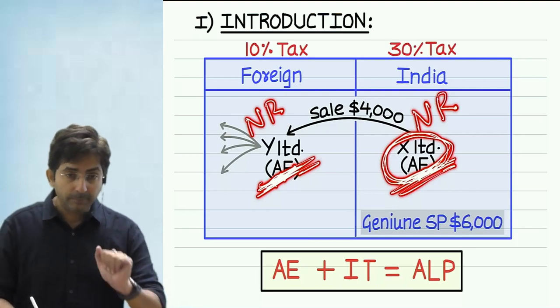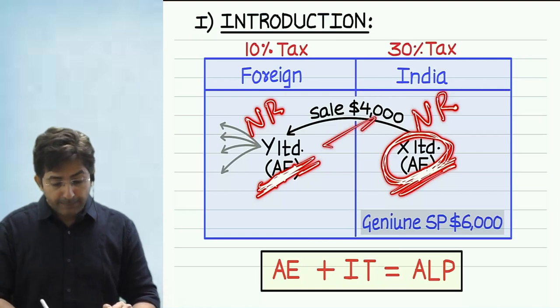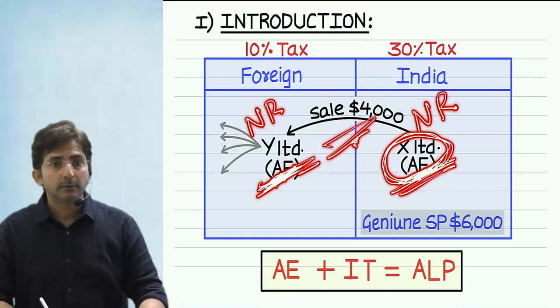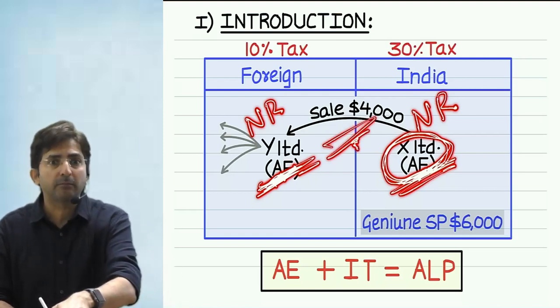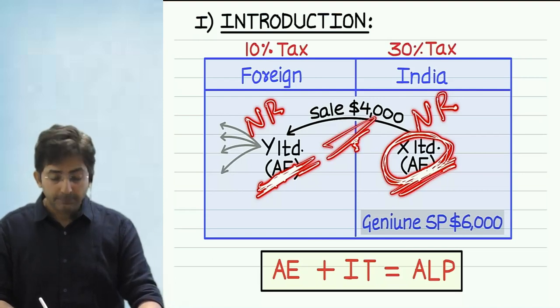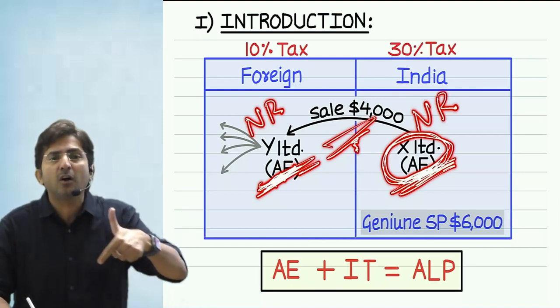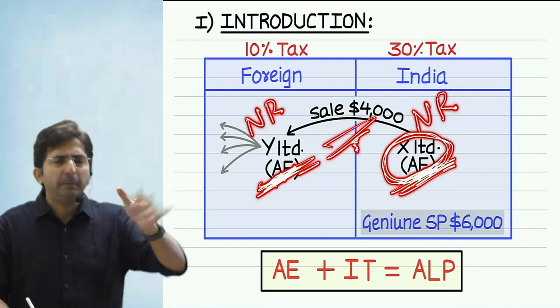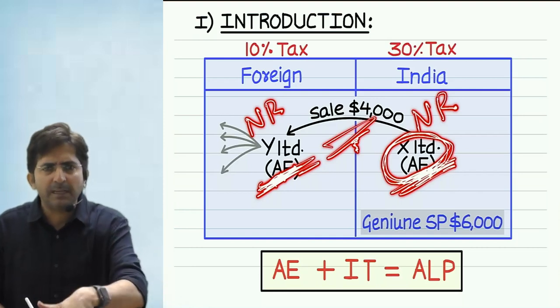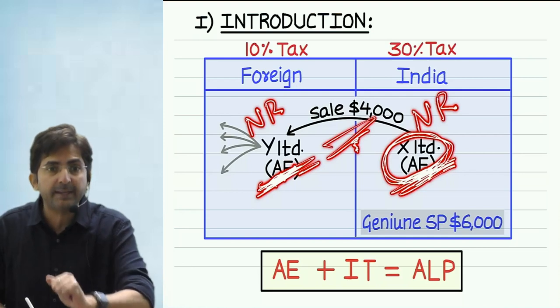So if X Limited is liable to pay tax in India, and if X Limited manipulates, it is shifting India's profit to foreign. Even though X Limited is NR, it is hurting the Indian government. Let it be NR, but since it has a place of business in India, they have to do reporting in India.